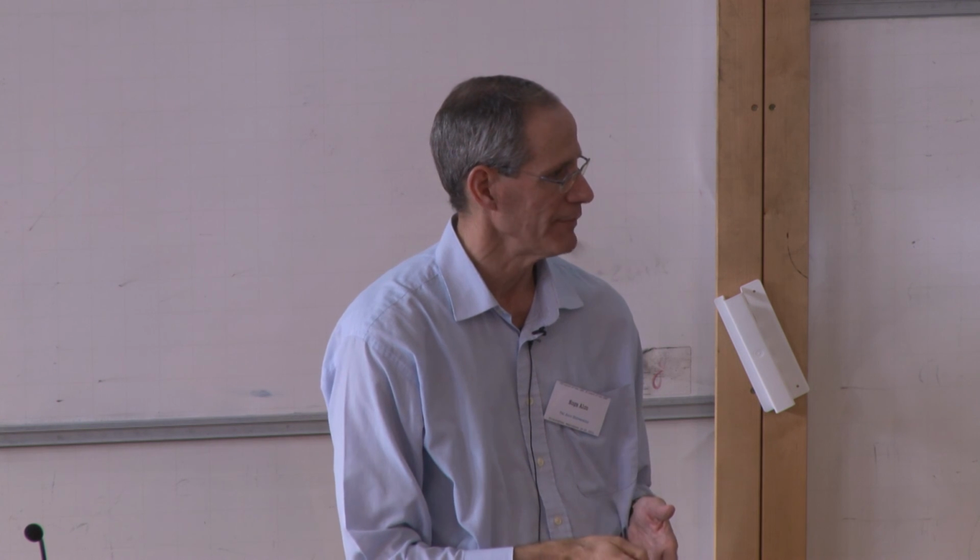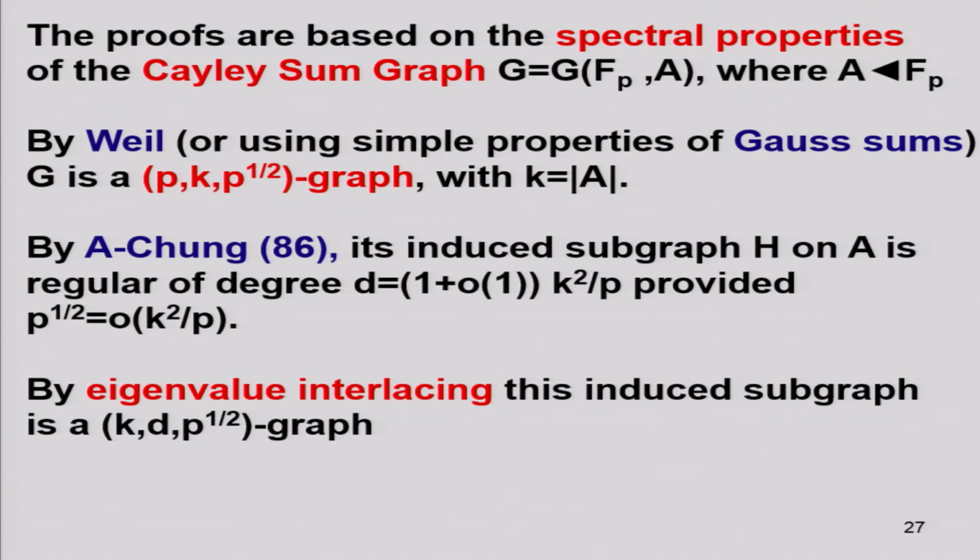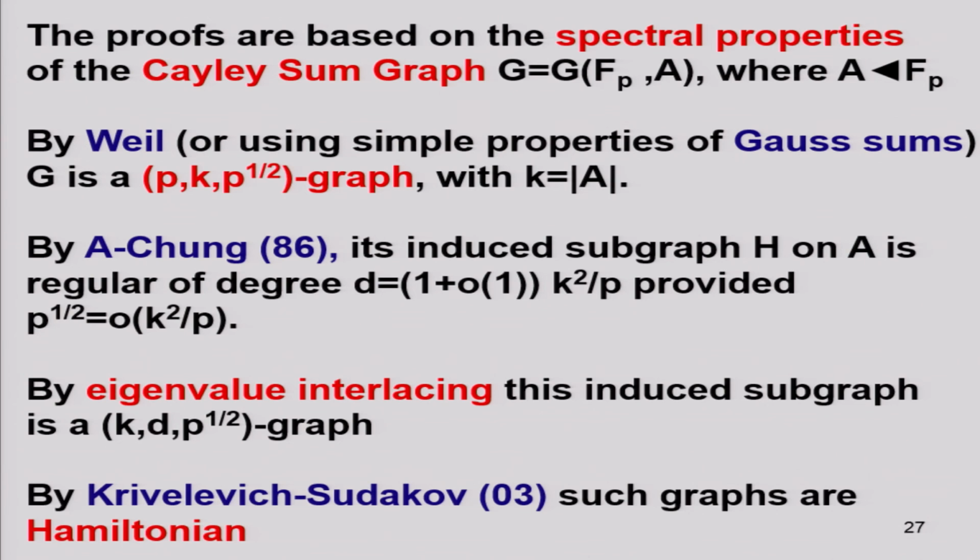So this is the induced subgraph. Now by eigenvalue interlacing, since this is an induced subgraph, we know that its eigenvalues interlace the eigenvalues of the big graph. And because this specific graph has now k vertices, is regular of degree d, and still the maximum absolute value of any non-trivial eigenvalue is p^{1/2}, which with our choice of the parameters is significantly smaller than d, we can use a result of Krivelevich and Sudakov about (n,d,lambda) graphs.